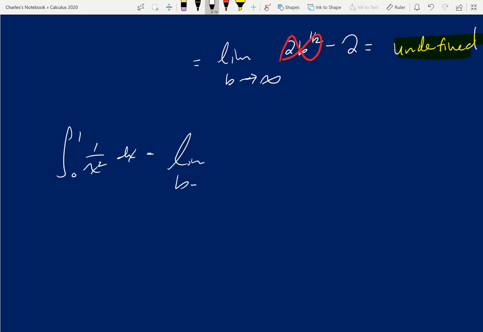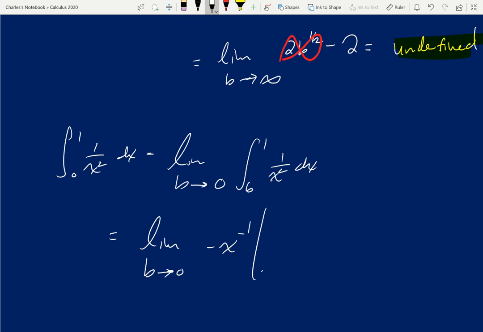This is going to be the limit as b goes to 0 of the integral from b to 1 of 1 over x squared dx, which is equal to the limit as b goes to 0 of negative x to the negative 1 from b to 1.